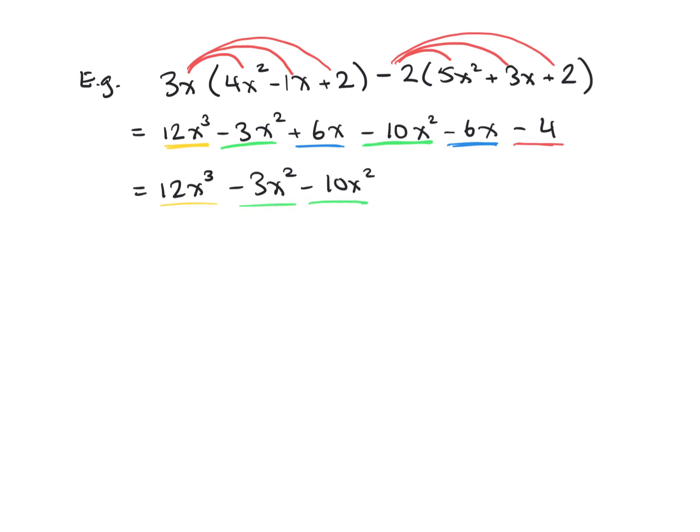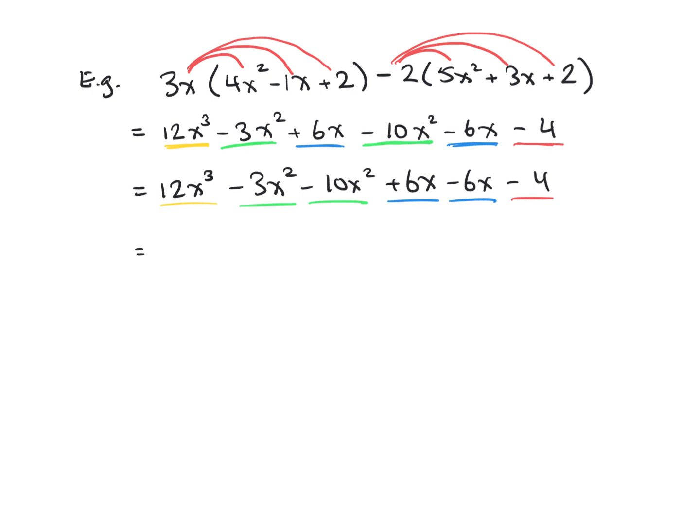Then I'll put the blue ones together, positive 6x, minus 6x. And then I'll write the red one last, minus 4. My preference is to write them in descending order of power. So I typically like to write, for this one, the x cubes first, and then the x squareds, and then the x's, and then the constants. So, powers going from higher to lower.